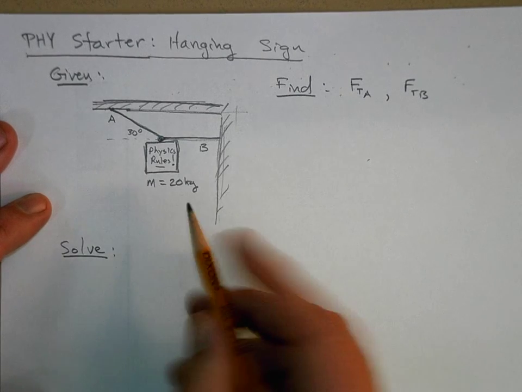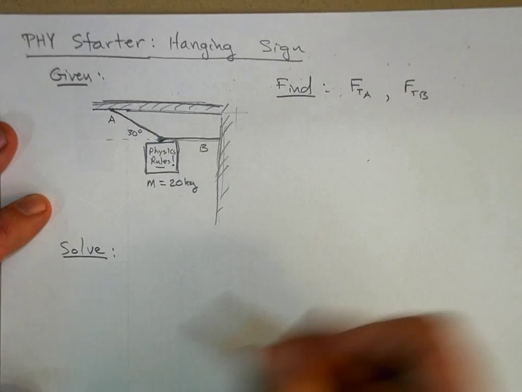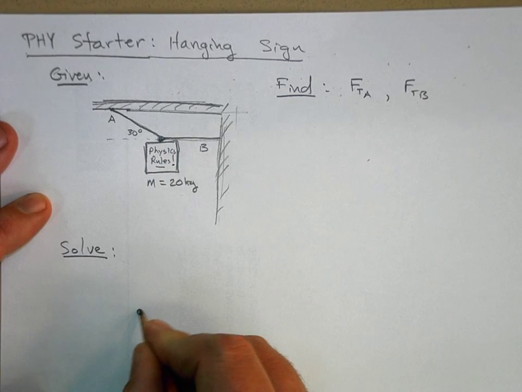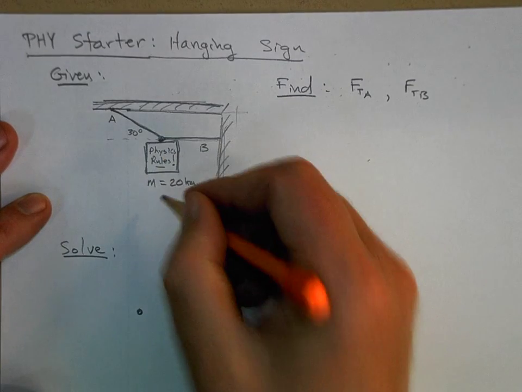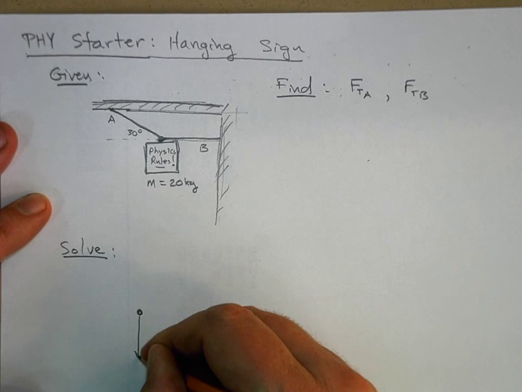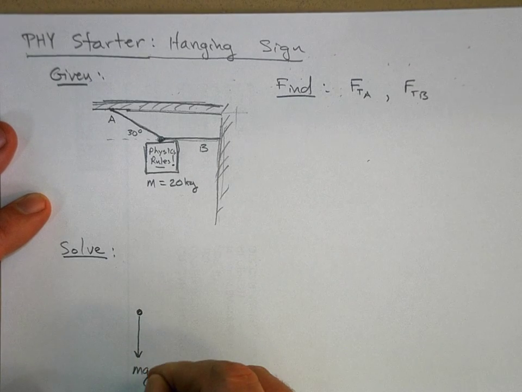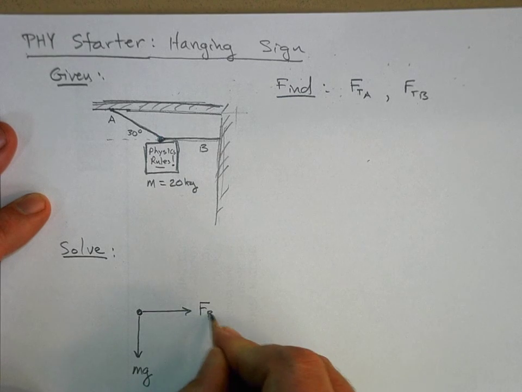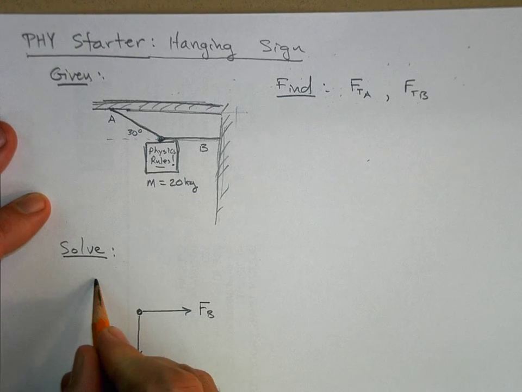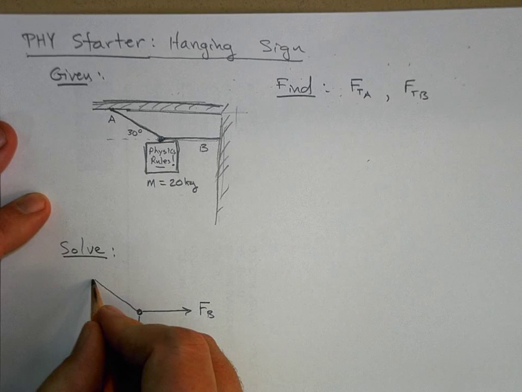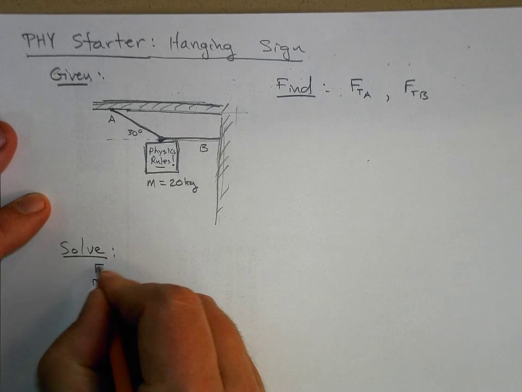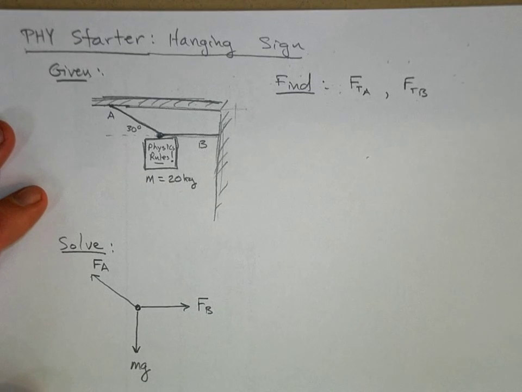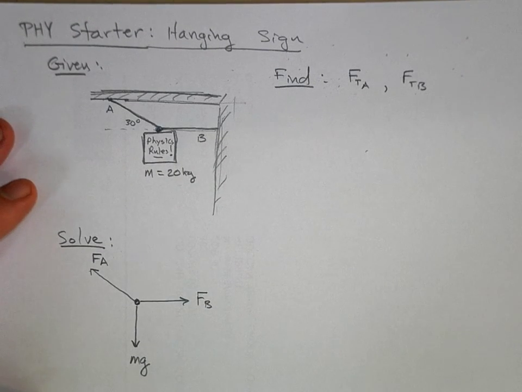All right, so to solve for forces, we need to use the procedure. I'm just going to take this little spot right here and draw a dot. The weight of the sign is pulling it down with mg. Then we have F sub B, and then we have F sub A. So these are all the forces.